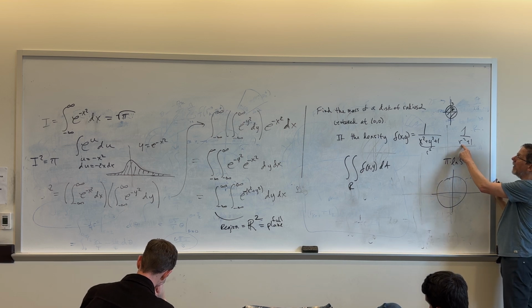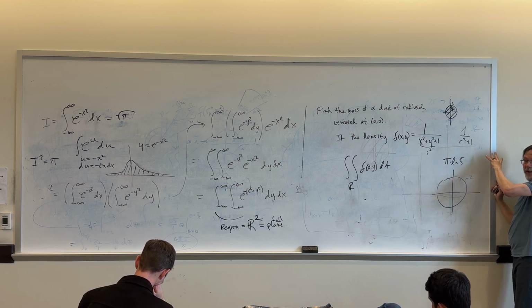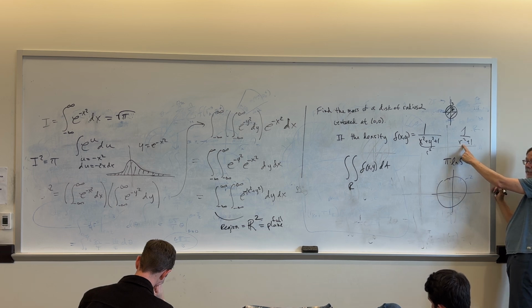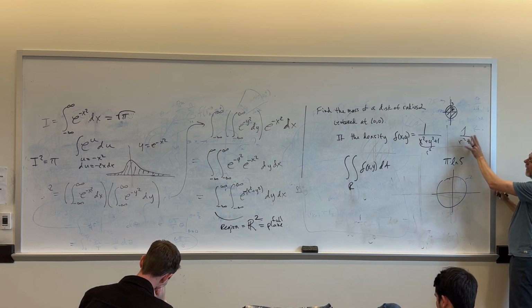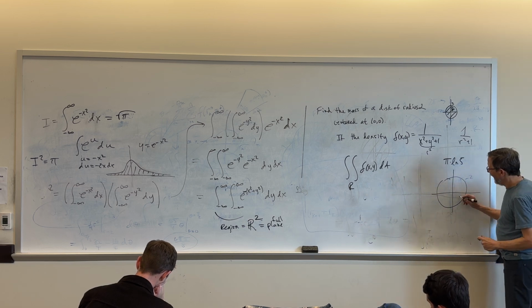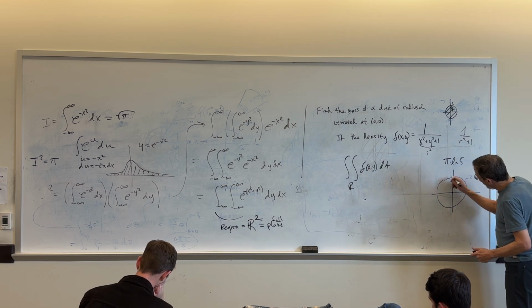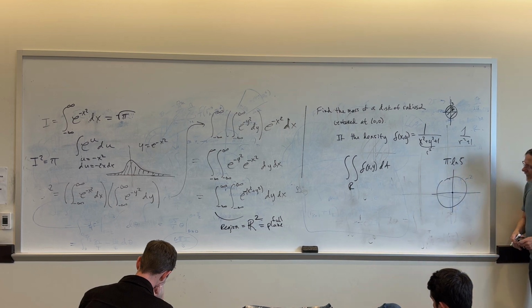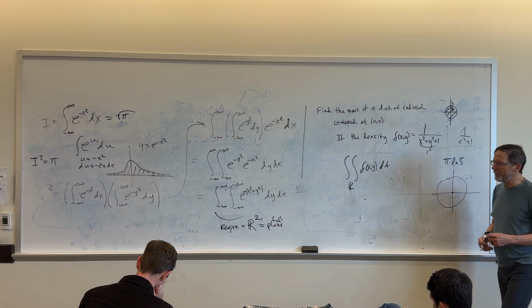So as r increases, the density decreases. But it's most when r is 0. That +1 keeps us from blowing up to infinite density. So it's densest here, it becomes lighter as we move out toward the edge.